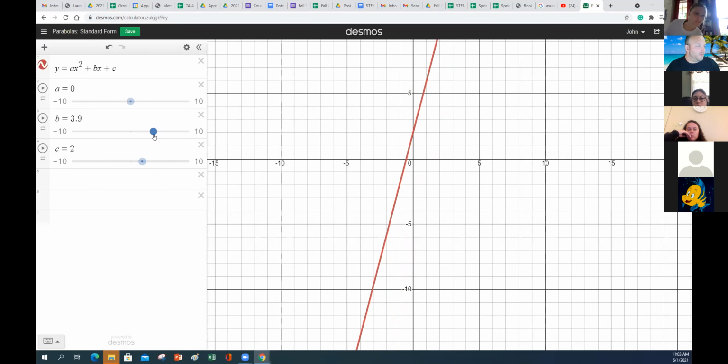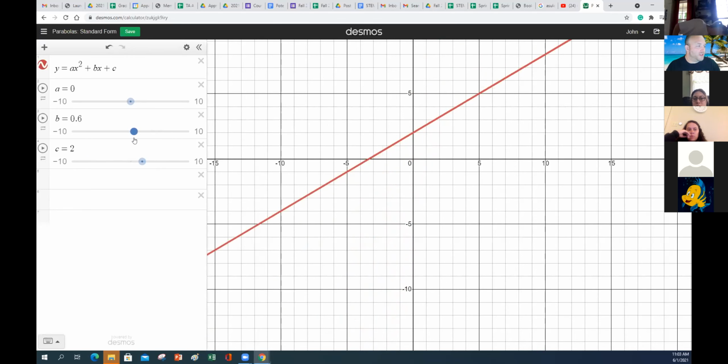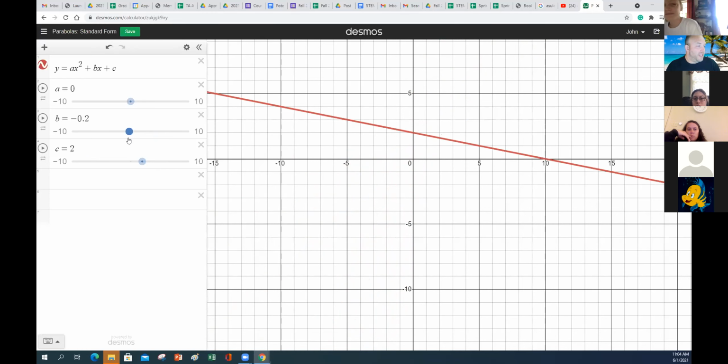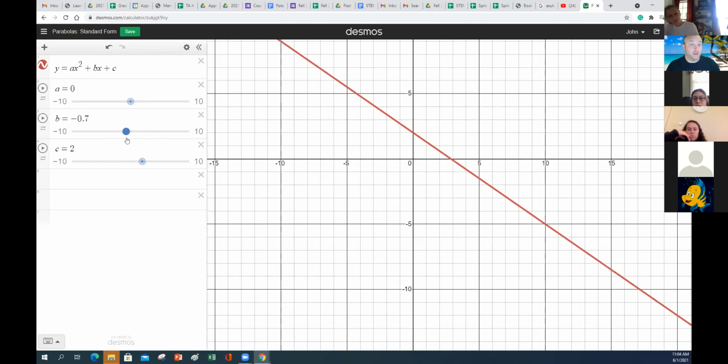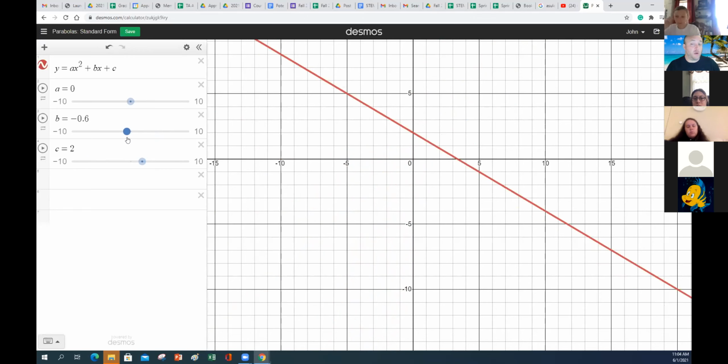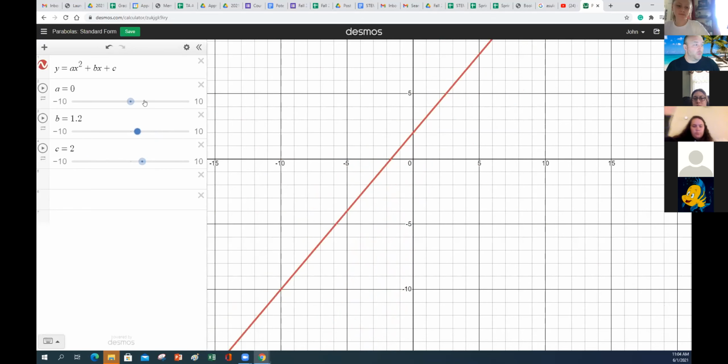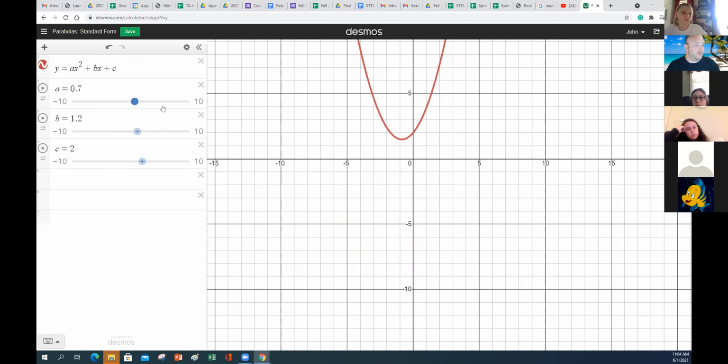Okay, I can flatten the curve closer to 0, like we had earlier. Negative slope. Okay, now follow along. There's my negative slope. There's my positive slope. Watch the slope at the y-intercept when A is positive.